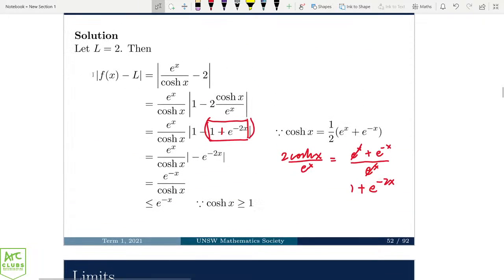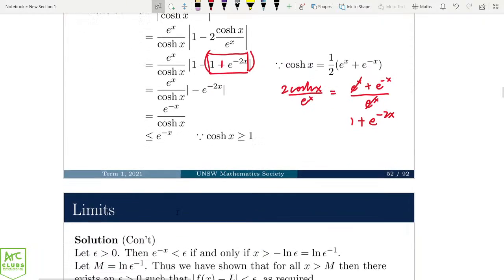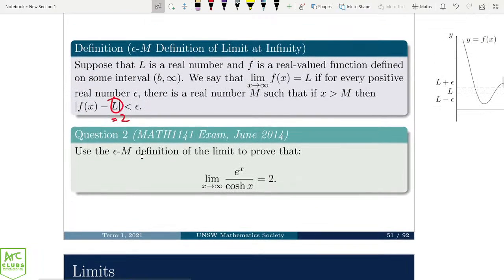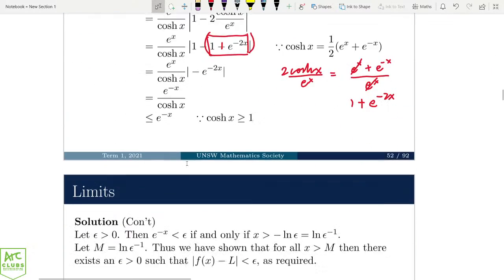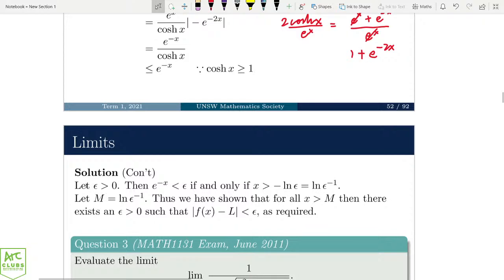So because we know that f(x) minus L will always be smaller than or equal to e to the power of negative x, and we know that in order for this limit to exist, then this must be smaller than epsilon. And so we can say that for this to be true, then e to the power of negative x must be smaller than epsilon. And this will only be true if this expression holds true. So you can get this just by doing some simple algebra.